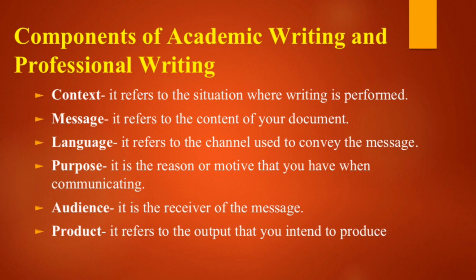Something like that. So there are two levels of purpose that you need to know. We have the general and specific. In the context of professional and academic writing, your two general purposes are to inform and to persuade.